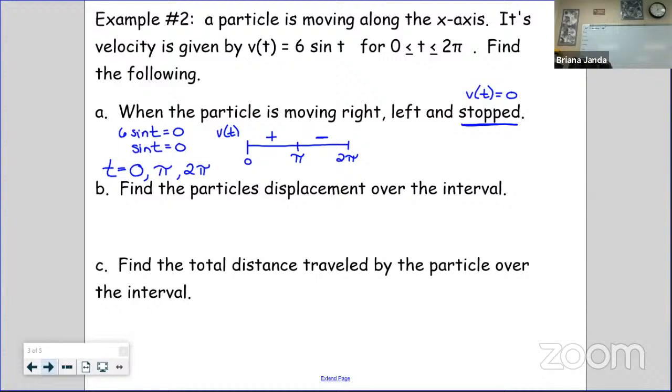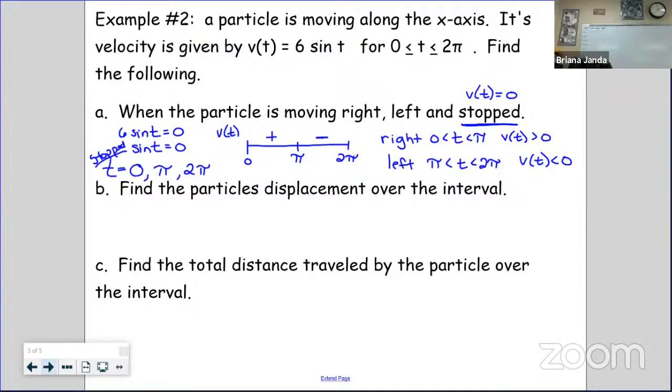So answering the rest of our questions, it is moving right on the interval from 0 to pi because our velocity is positive, and it is moving left from pi to 2 pi because our velocity is negative, and stopped at 0, pi, and 2 pi.